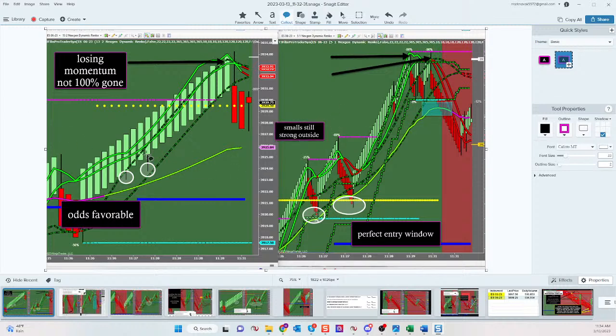All right, guys, as we look at this, odds favorable and odds favorable, no terminations, everything says up, tiny window of opportunity, and look at how this one launched to the heavens.